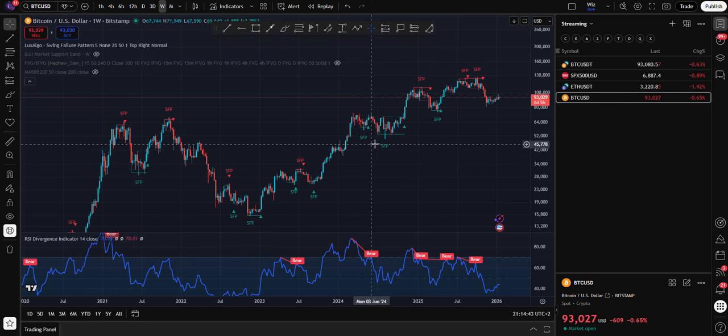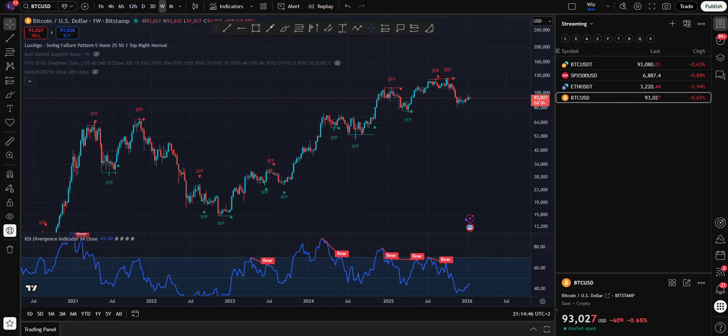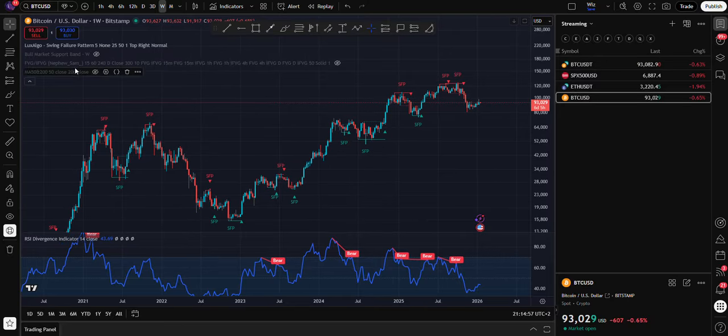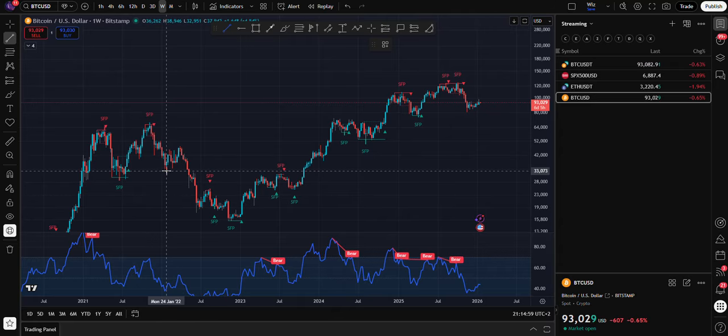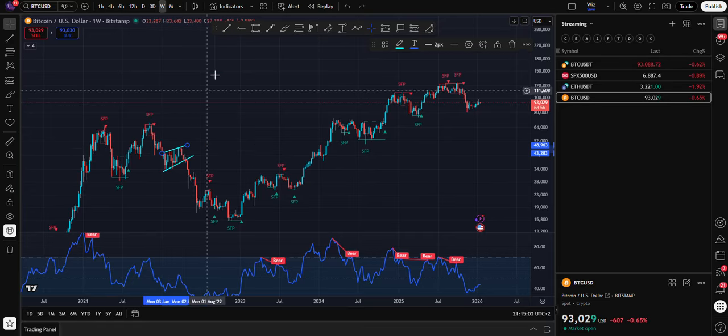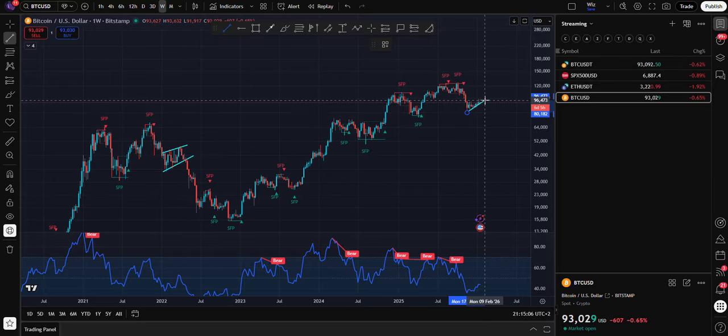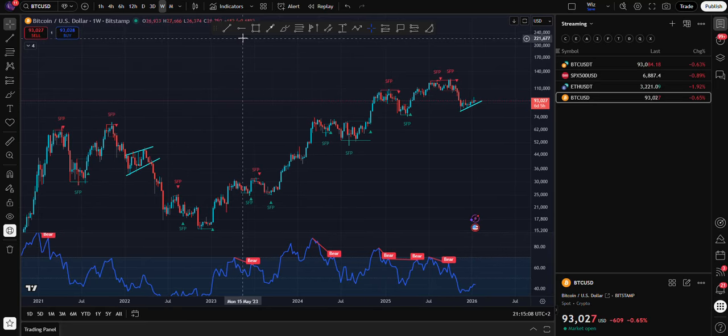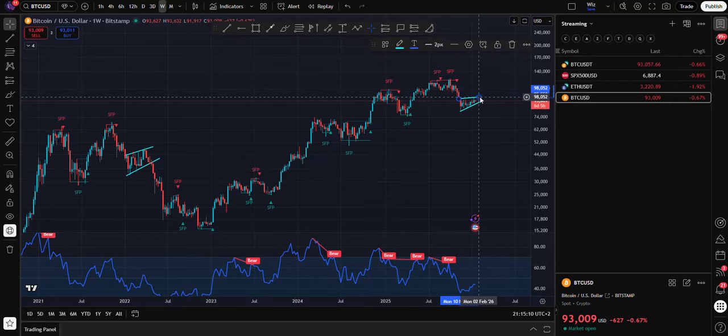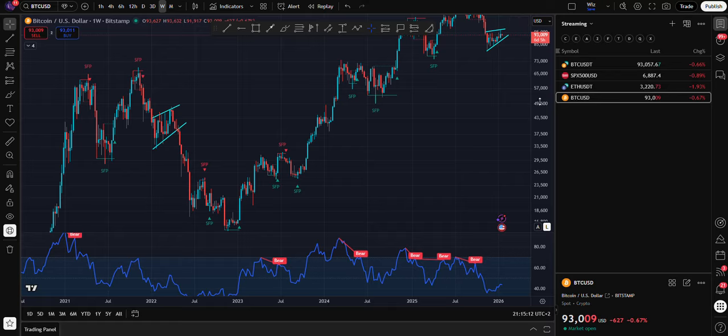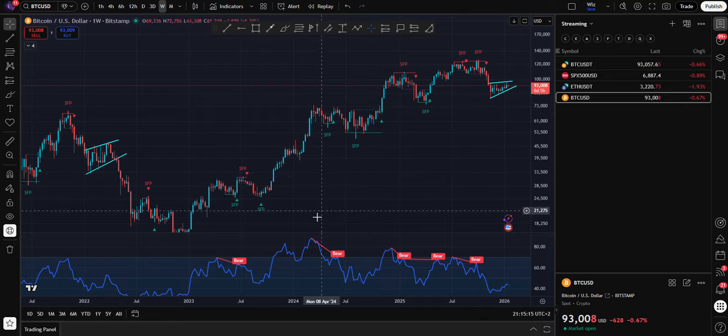So as I discussed earlier, every major bottom or top on the Bitcoin chart is formed by sweeping the lows or the tops. The only time that we didn't see that was in 2022. We had this bear flag here, which is a pretty similar setup to what we currently have. You can call this a bear flag, a rising wedge, whatever you want to call it.